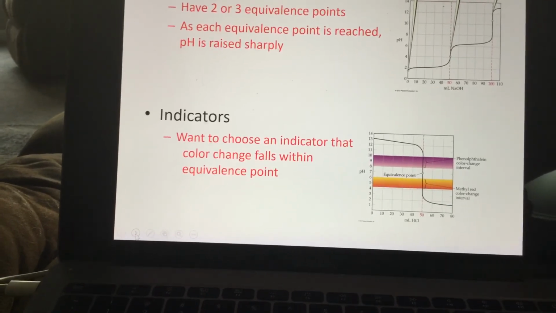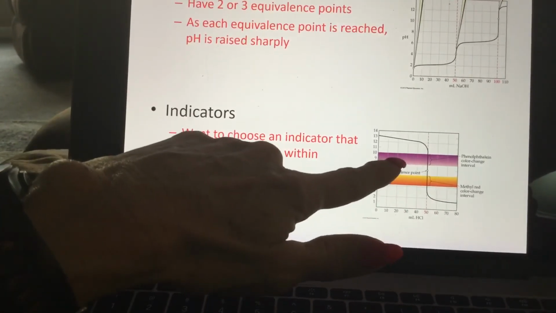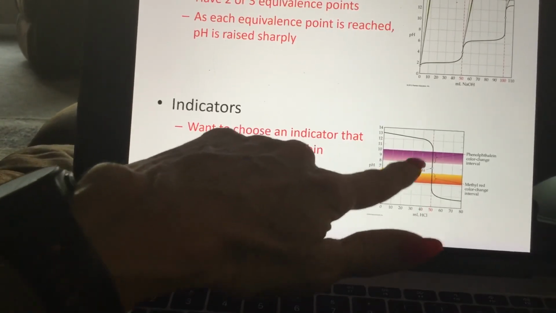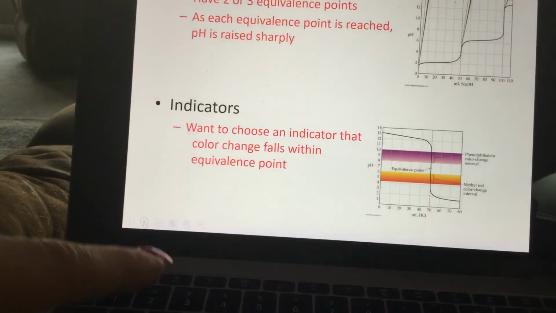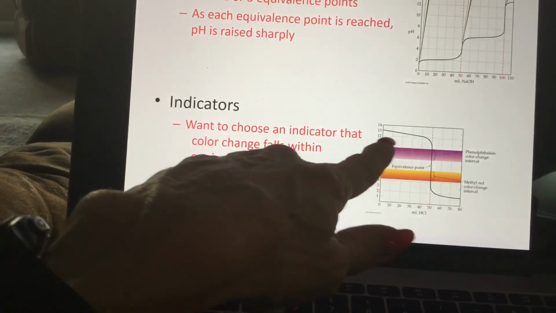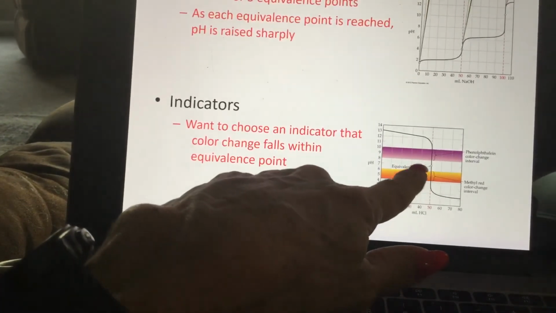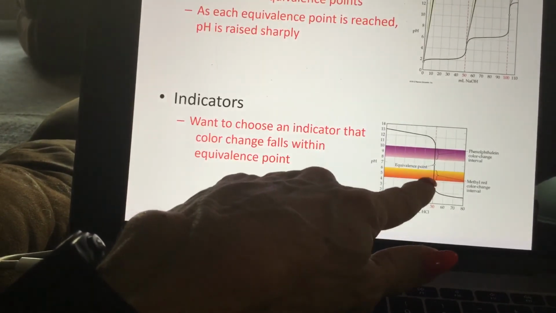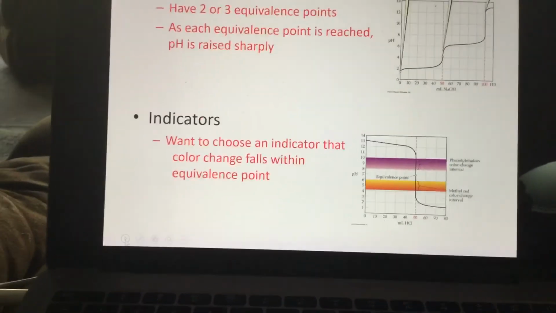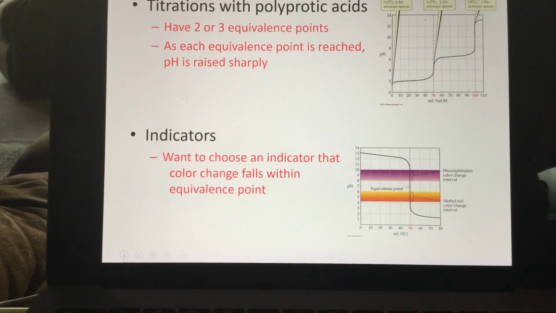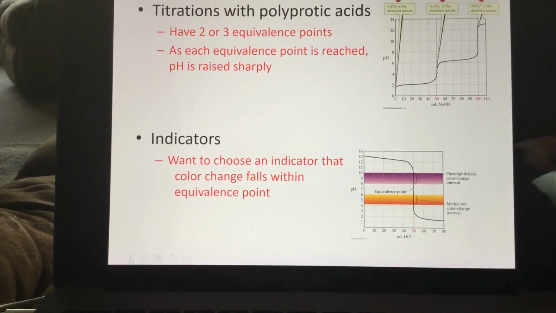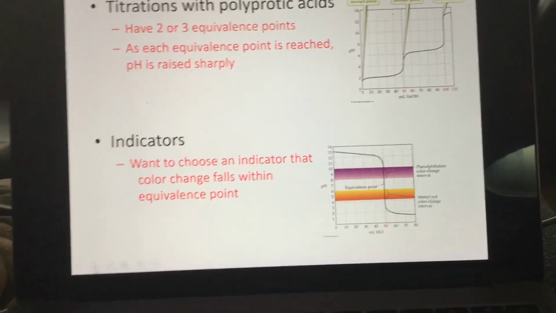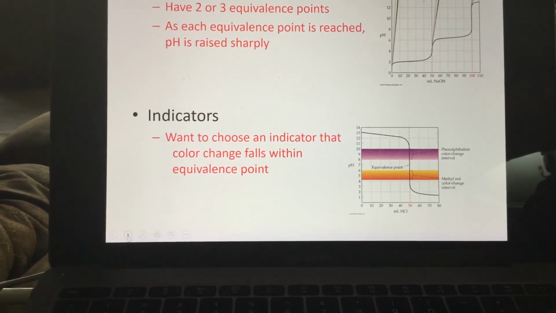Like we've used phenolphthalein a lot when titrating a strong acid with a strong base, because it's going to change just after we get past a pH of 7. If we were going in the opposite direction, titrating a strong base with a strong acid, we would want something that would change color just under a pH of 7. So maybe something like methyl red, that's going to change color just below a pH of 7.